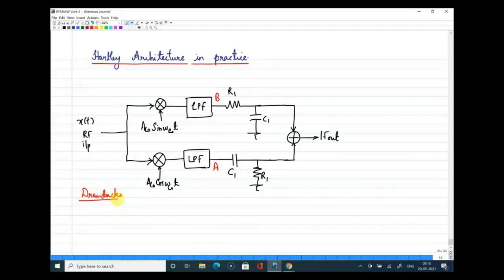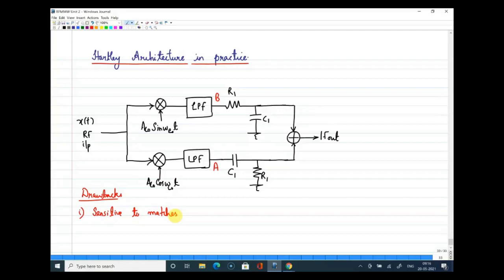I hope you are with me for the discussion. I have directly taken the same architecture and implemented the 90-degree phase shift using the same RC-CR, but instead of directly getting 90 degrees, getting 45 on one arm and minus 45 on the other arm and adding them together. One of the main drawbacks is that the architecture is now sensitive to mismatches.